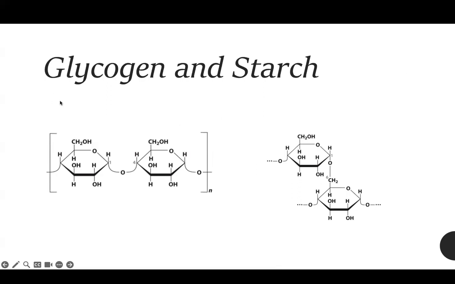So again, we have our alpha anomeric carbon, which bonds from the C1 carbon to the C4 carbon. So it is an alpha 1,4 bond. And we have hundreds of those subunits connected to each other via the same bond, and we have a huge polymeric chain of that.